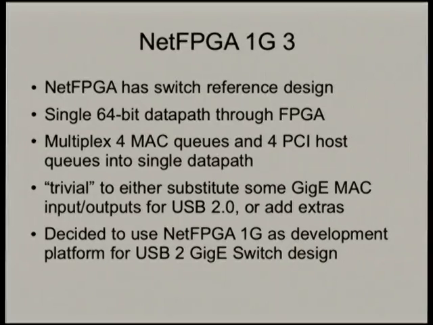Okay, I was trying to extract a picture of how the reference design looks internally, but I couldn't get it, so I'm just going to quickly discuss it. There's a single 64-bit data path through the FPGA in their reference design, and so there's a multiplexer at one end of this data path which chooses packets, or Ethernet frames, coming in from one of the four gigabit MACs, and then it processes those.